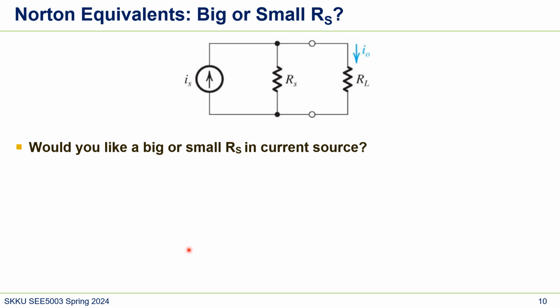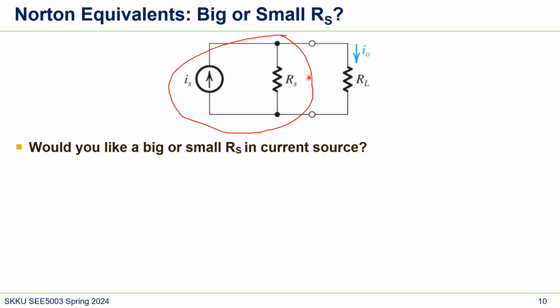Similar to Thevenin equivalence, what is better for Norton equivalence? I mean Rs. Assuming that this section, just this part, is a current source, every current source has its input resistance. Well, impedance, but the same here. We'll only talk about real parts, which is resistance. So assuming this is our current source, we want to deliver current to a certain load.